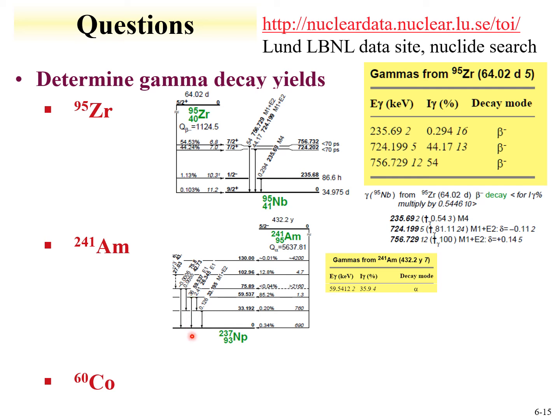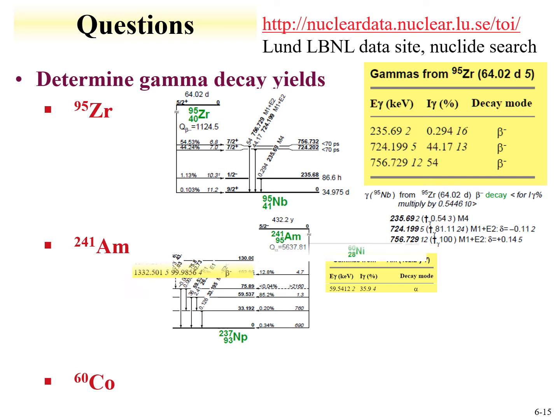That would yield this photon. And then the remainder, another percentage of the time, is listed here. You see it goes from this 59.5 keV energy state to a 33 keV energy state, and then from that 33 keV energy state to the ground state. So there are these competing transitions.